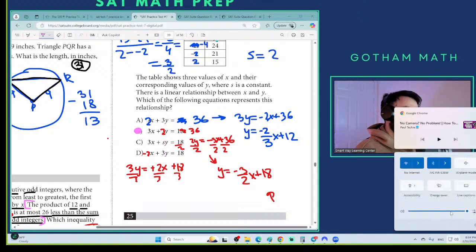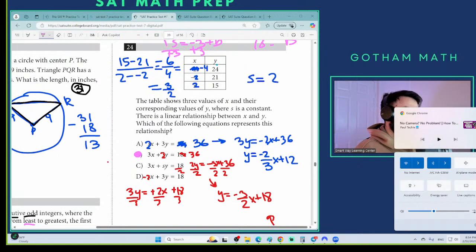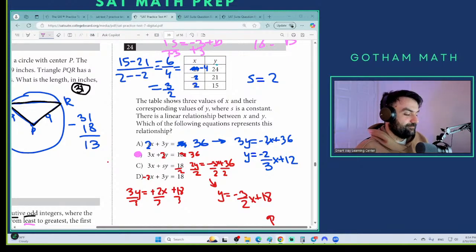Because I just tried it now, and if you substitute the x values and the y values, yeah, you get 18s. So if you substitute negative 2s for 3x, you're gonna get negative 6s, and then if you add 24 for 3y, you get 24s, and negative 6s plus 24s is 18s. So it proves that's right.